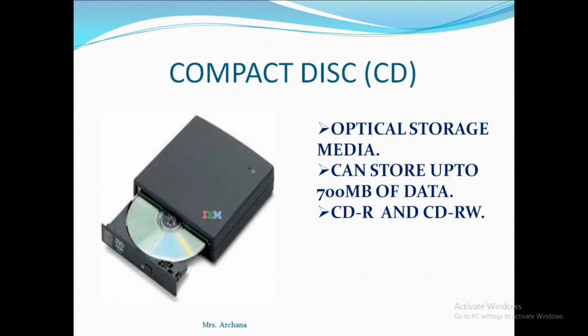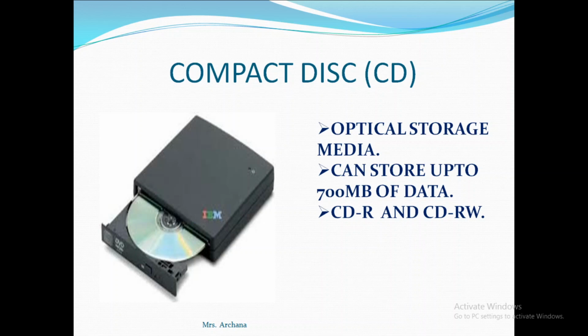Next, what is this? This is a CD. The full form is compact disc. The shape of the CD is circular. It can store data up to 700 MB. We can store games and music in a CD. To play a CD, we need a CD drive, and the CD drive is present inside the CPU box.